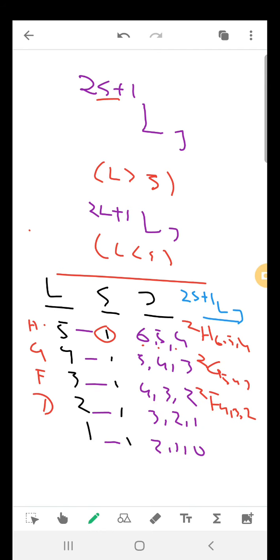There are 3 states, since 2S plus 1 with S equal to 1 is 3. So it will be 3D with 3, 2, 1.